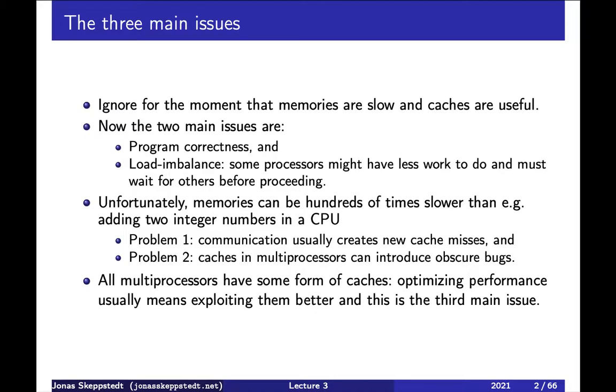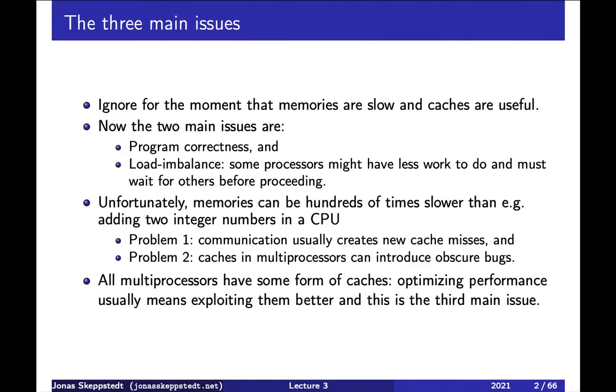Otherwise we have to wait. If we compare with human beings, we always have to wait for the one who is lost. Well, that's quite obvious. And we want to see that not one of the processors is very much behind the others.